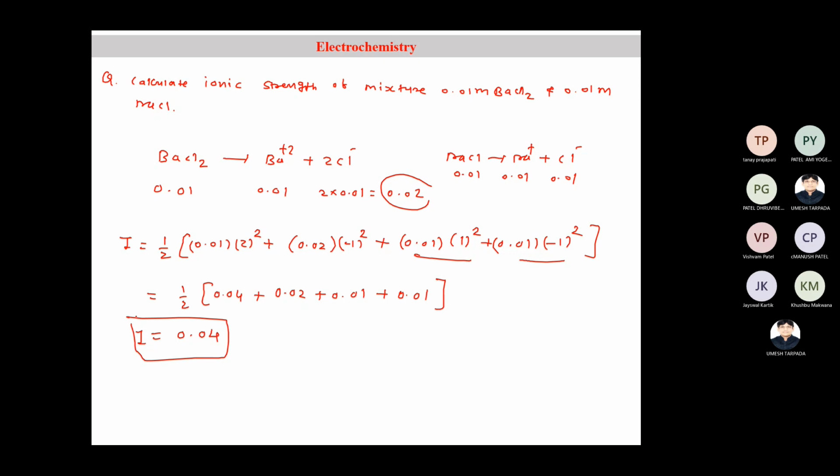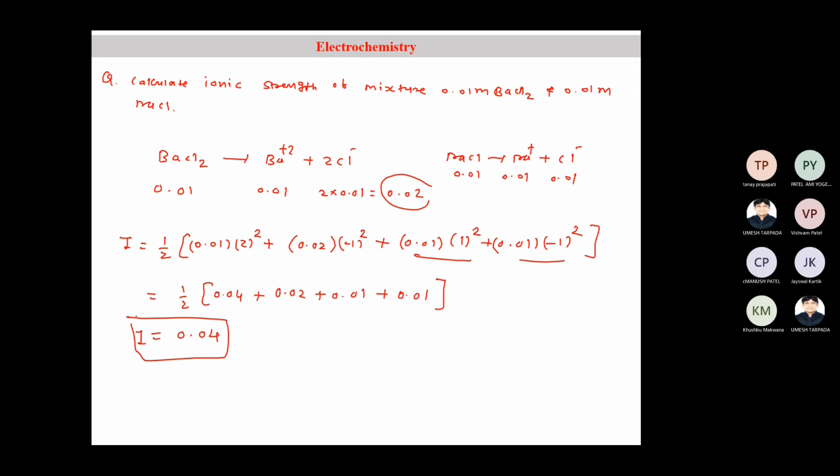Is there any doubt in this topic? See, here BaCl2 means Ba plus 2 and 2Cl minus, so the charge on Ba is plus 2, so you have to square 2, and the charge on Cl is -1 even though there are 2 moles, so -1 is squared. So that becomes +1.